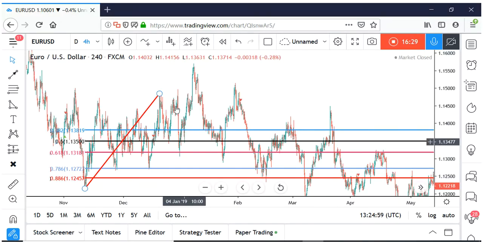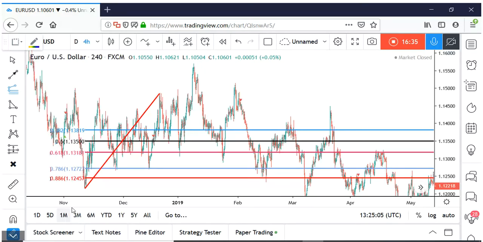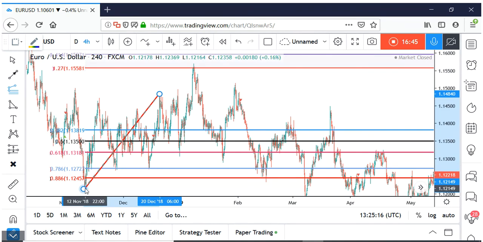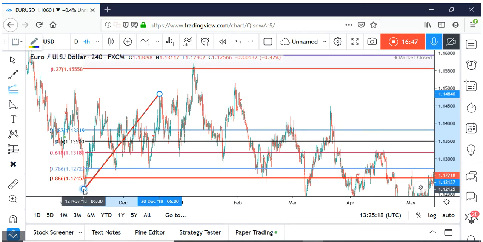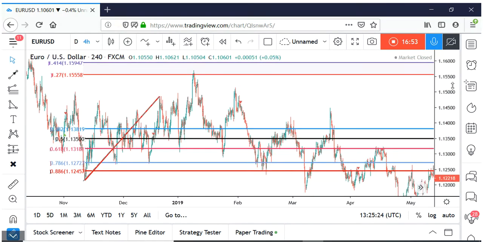Now we need to find our C leg. With the C leg, you use the fib extension, measuring from X to A back to X. The C leg has to touch 1.27 but must not close above 1.414.